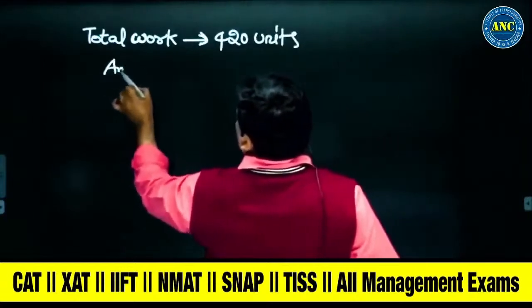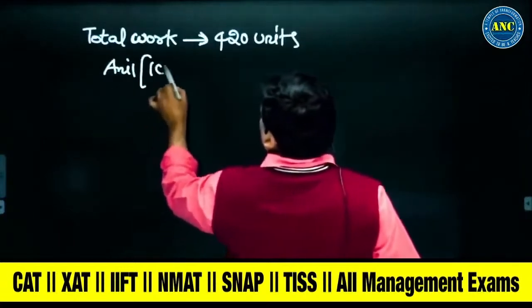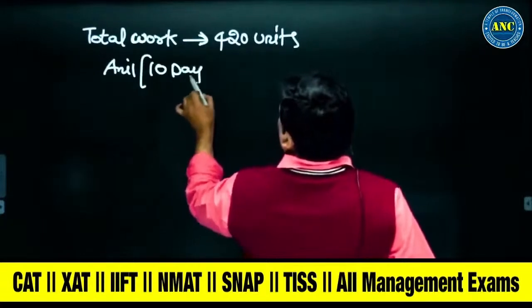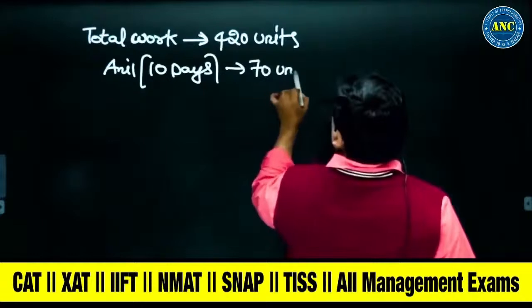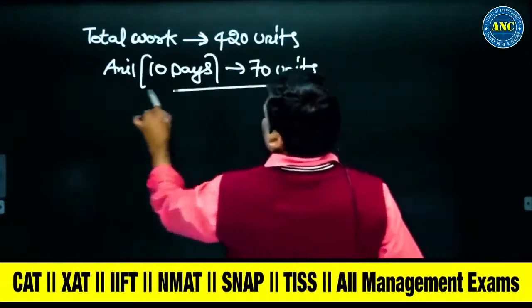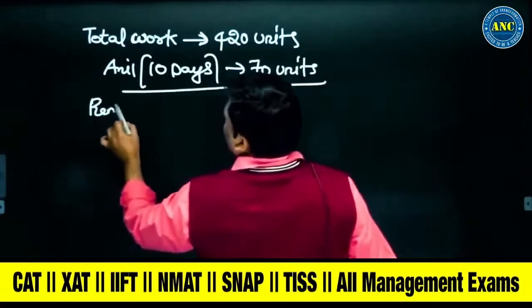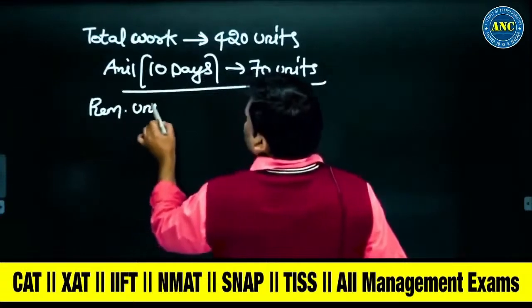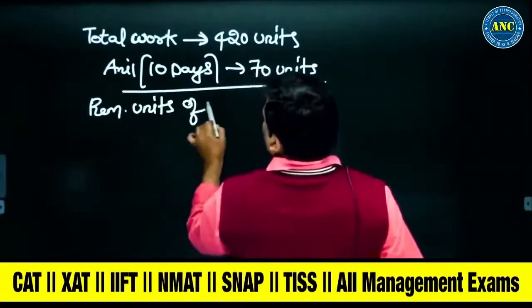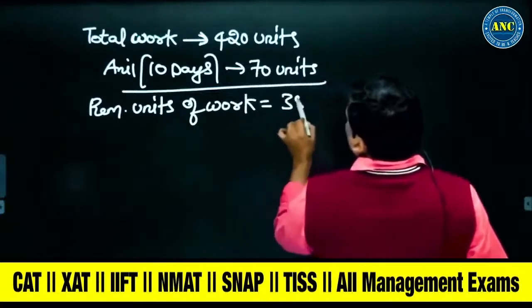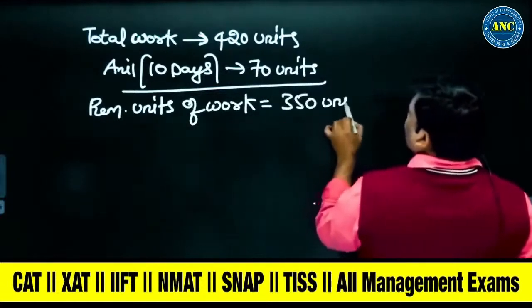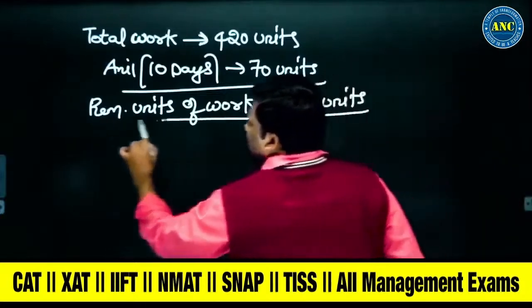Anil works for 10 days. That means 70 units of work already done. So remaining, how many units of work is left? Remaining units of work will be 420 minus 70. 350 units of work is there.